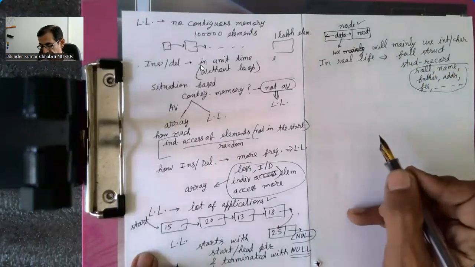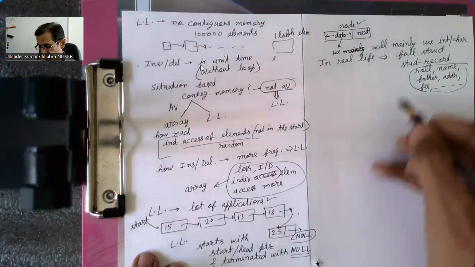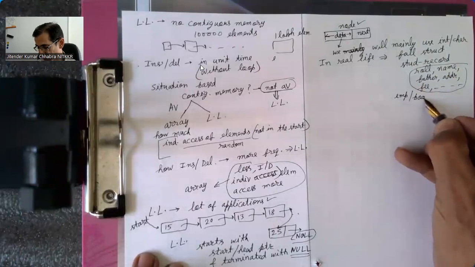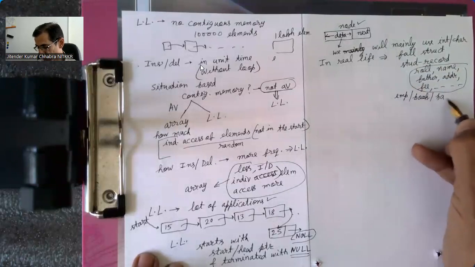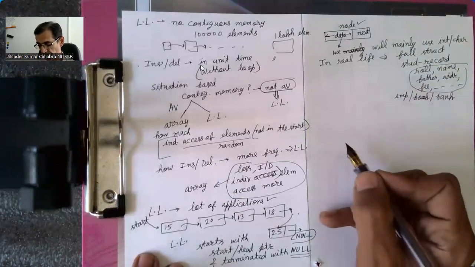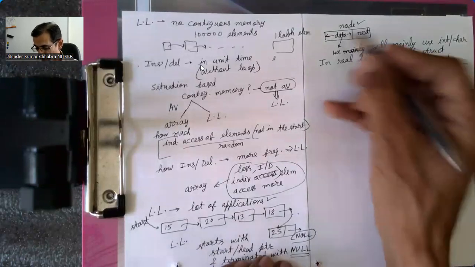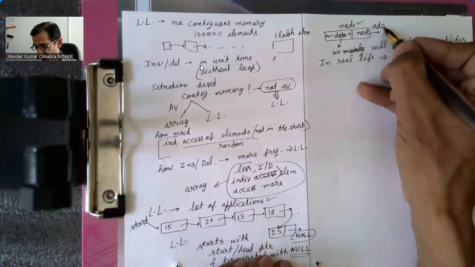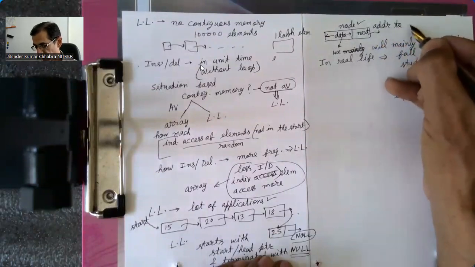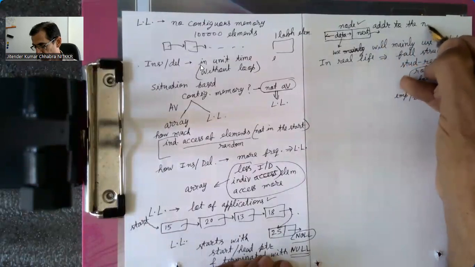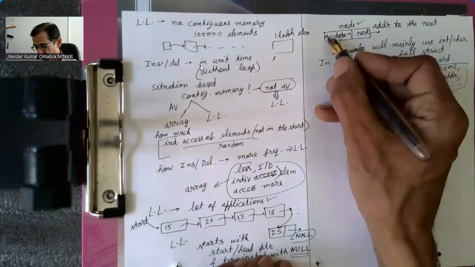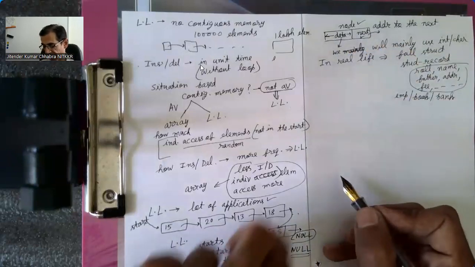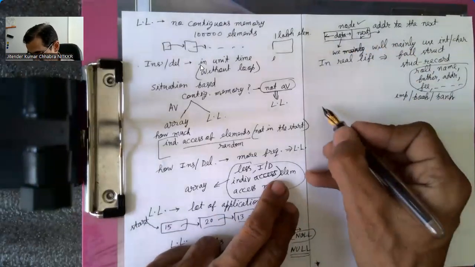All fields will be collectively treated as data. Similarly, it could be an employee record, a book record, or a bank record. So a lot of data will be there which I need to store in my list. Along with the data, there will be an address to the next node. So each node will always have one or many fields for the data plus one extra field for the next.